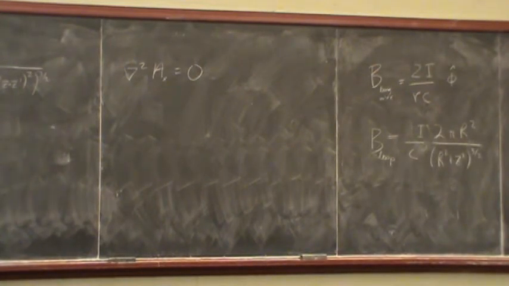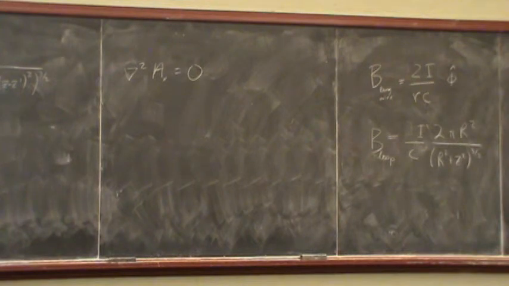The number of coils in a region is going to be equal to the number density of coils, turns per unit length, times dz prime, the little length there.